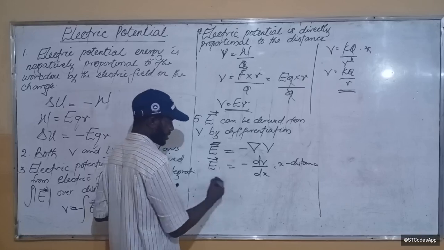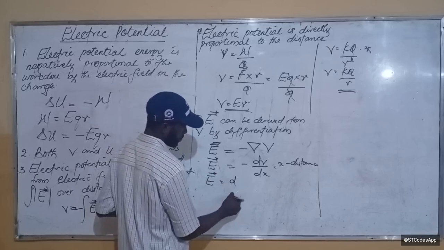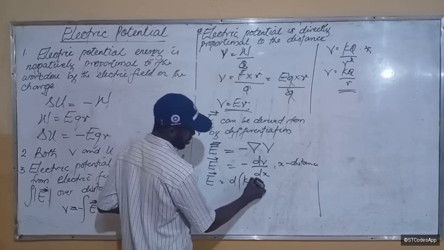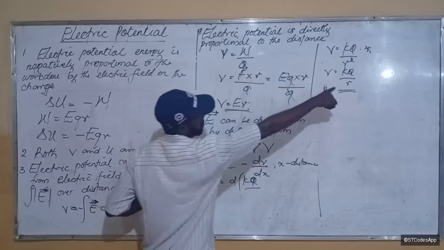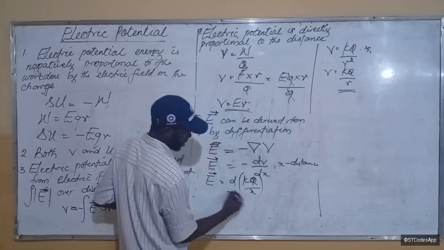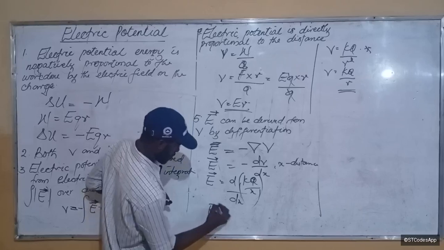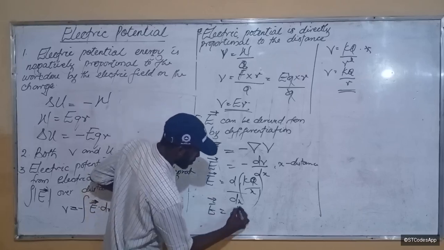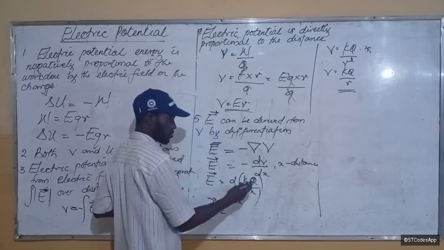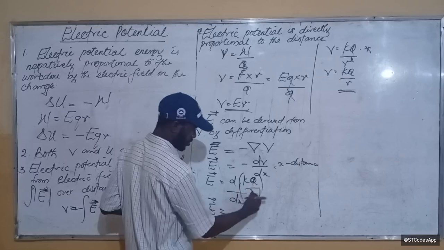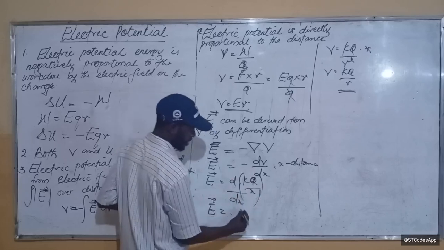So by the time you take that, E becomes d of kq over r, or kq over x in this case, dx. kq is constant, so you differentiate 1 over x and you get 1 over x squared.